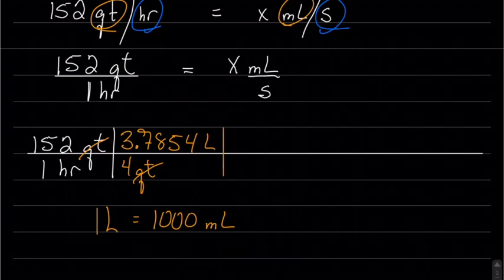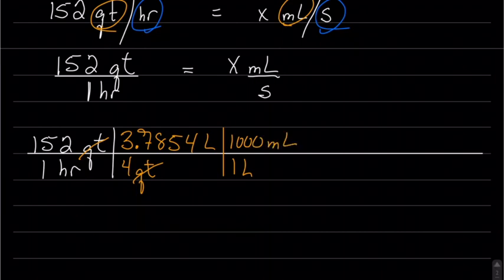So I can put that in my conversion table. 1 liter equals 1,000 milliliters. These cross out. And I am here at milliliters, which is what I wanted. You can see right here.